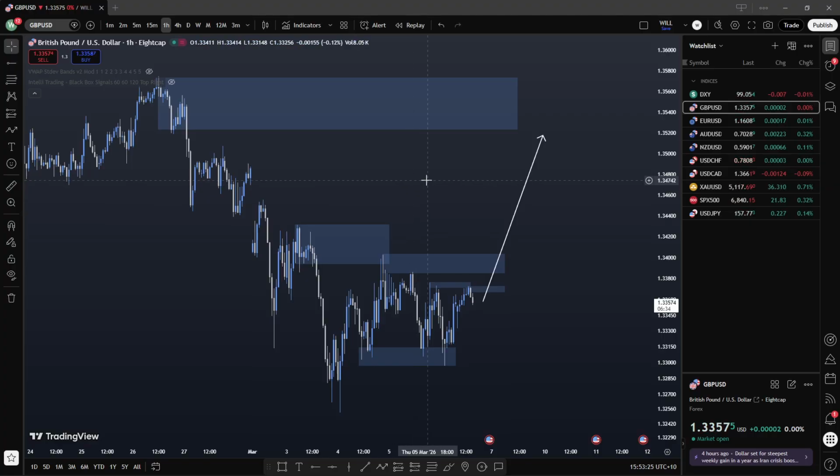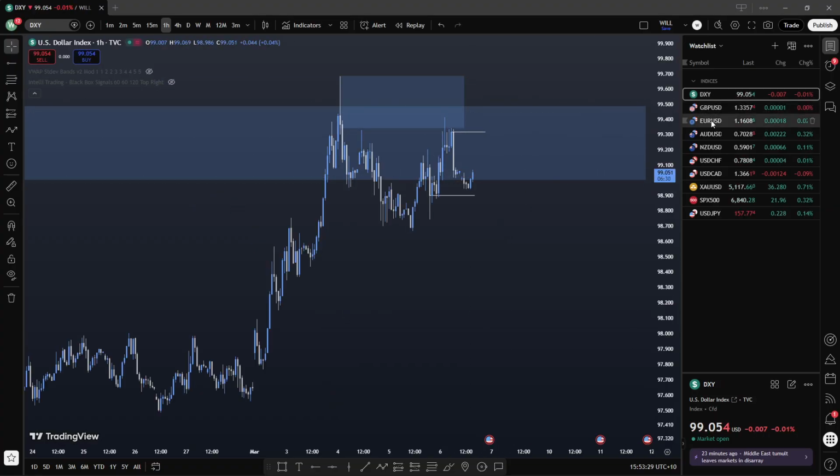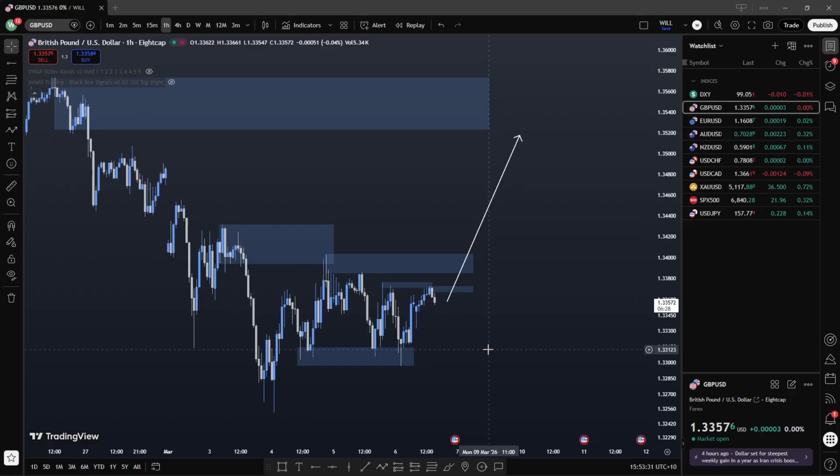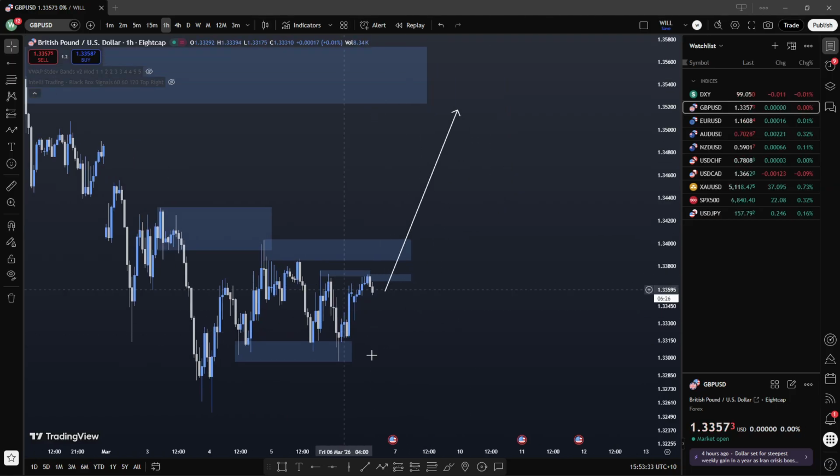But again, if that doesn't happen and price pushes up and breaks structure to the downside, price will break structure, take out this low, and continue going further. But by the time that happens, we'll most likely see price break structure here.